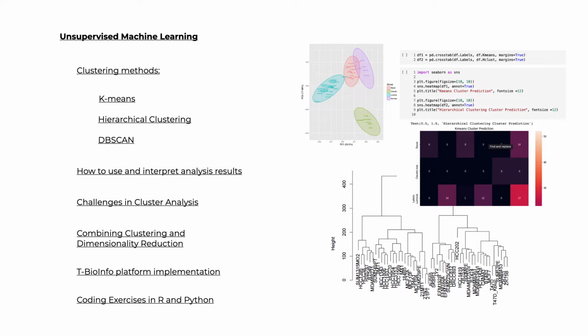And we will also talk about how to practically apply them using the T-Bioinfo platform, as well as using R and Python. And so then we will speak about some of the challenges for various methods and when to apply which algorithm, how to validate your findings, how to use these techniques and how to combine them together to achieve your analysis objectives. So a lot of interesting topics that we want to cover today.